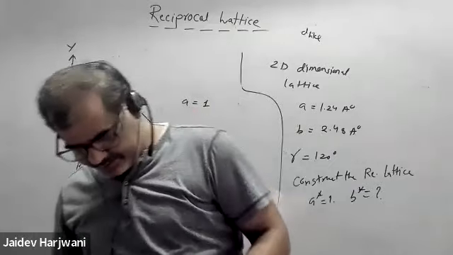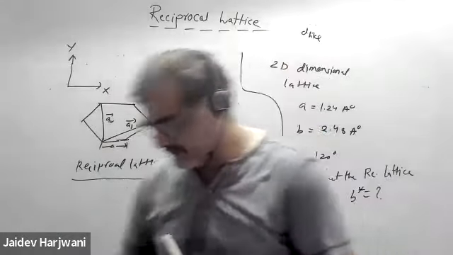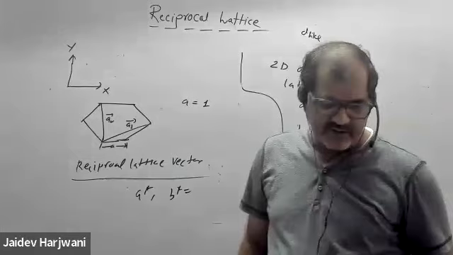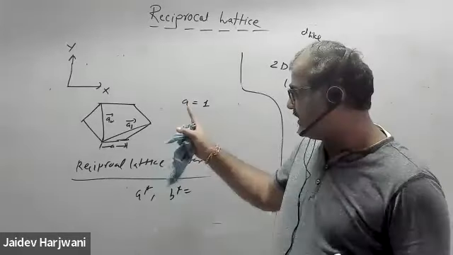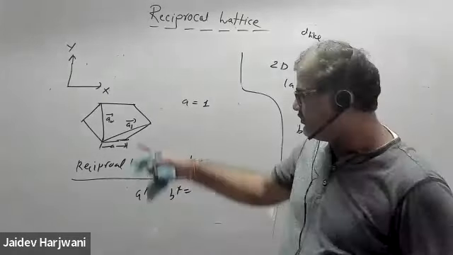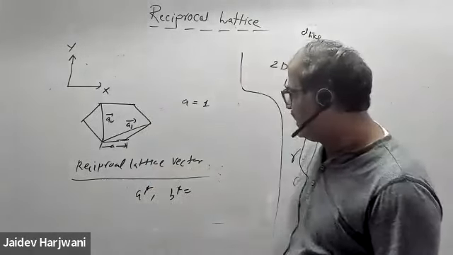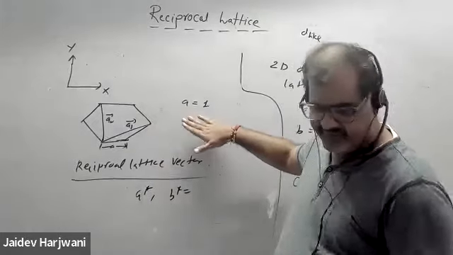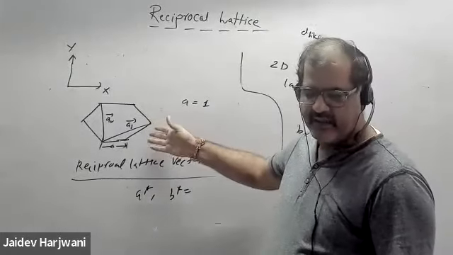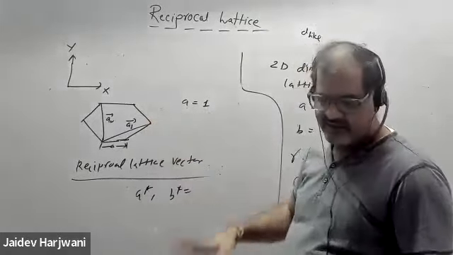Is the question clear? The direct lattice A1, A2 is given, and you have to find A star and B star, with only a equal to 1. You have done such a question many times, 2-3 times, but only now the magnitude is a equal to 1. Other things are the same.